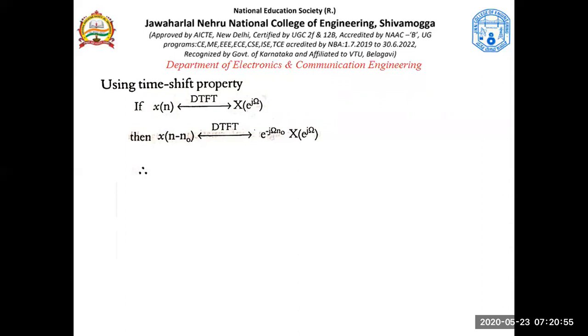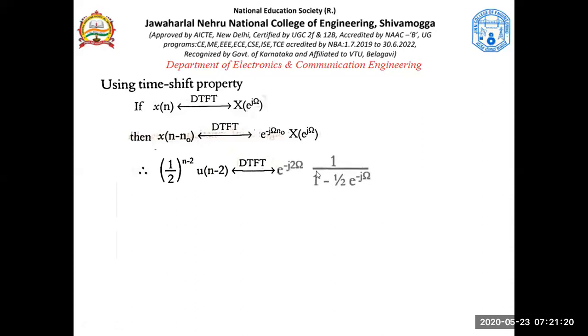So if you have worked out the z transforms in depth, and have a fair understanding of z transform, this should not be difficult for you. Fine. So since there is a shift, how is this going to look like? We already have the DTFT of half power n u of n, so let's keep it as it is.